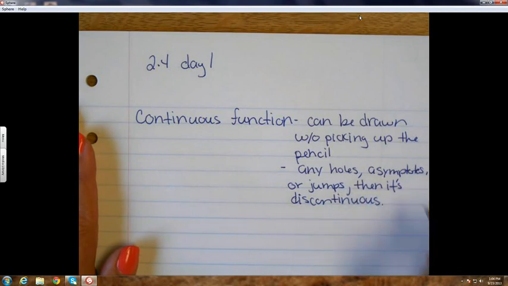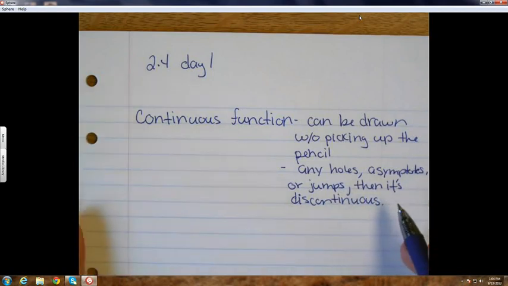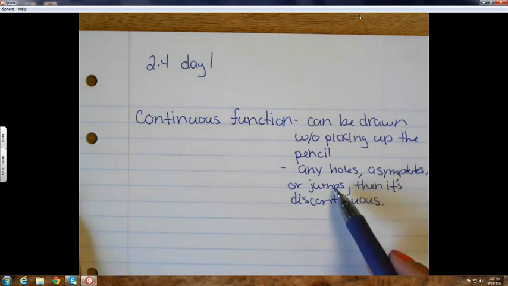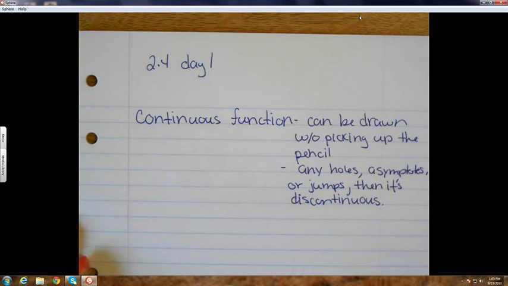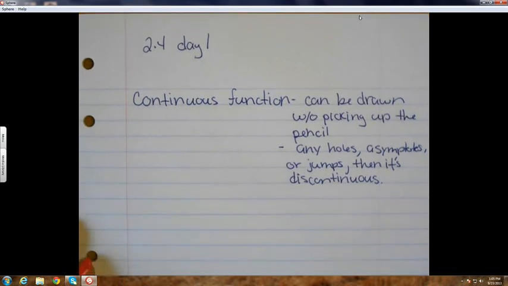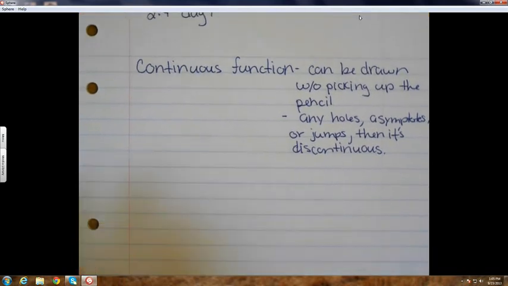So those are the 3 things that will make any function discontinuous: hole, asymptote, or a jump. So we're just going to analyze some graphs. A big portion of your assignment is going to be given some conditions, sketch a graph with those conditions. So first, let's just analyze and see if they're continuous or not.